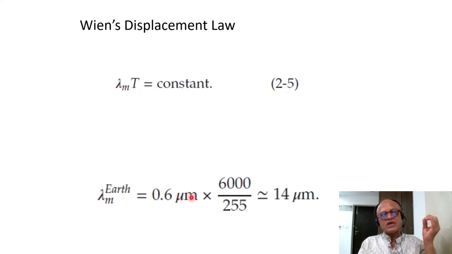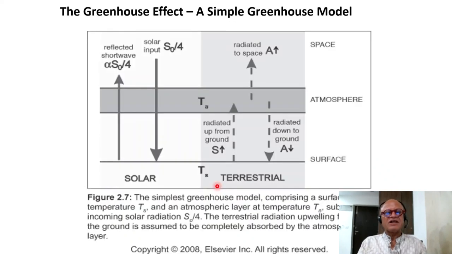So if you know the average temperature of the sun and of the earth, you can take this constant and find the average wavelength of the radiation. Do we really need to know this? If you want, you can stare at this for a little bit and you will understand.